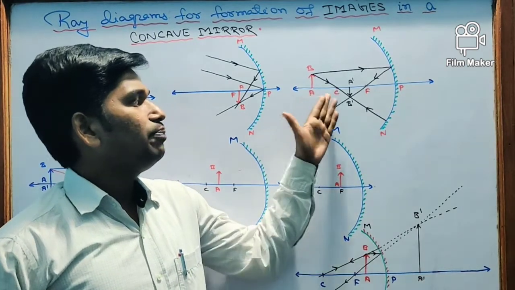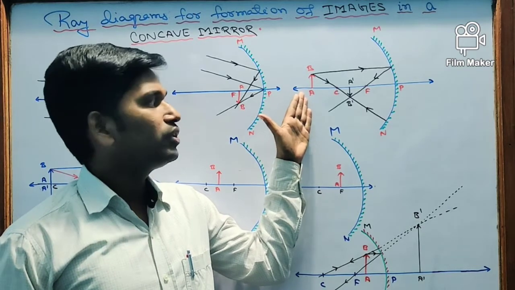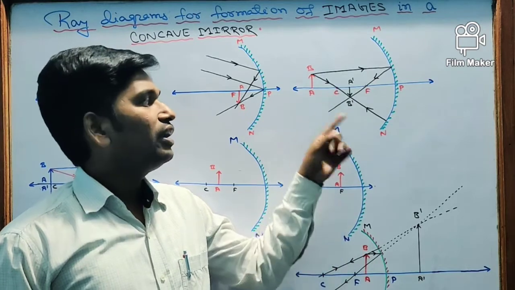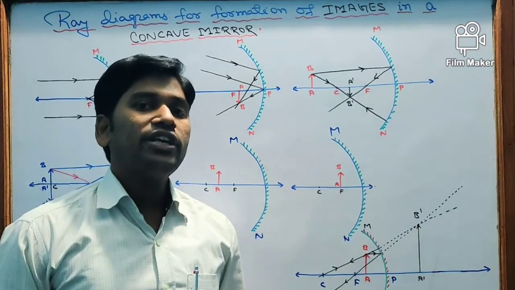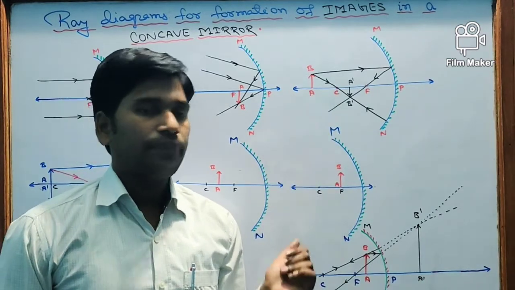So we can say the position of object is beyond the center of curvature, position of image between C and F, nature real and inverted, and size will be smaller than the object.